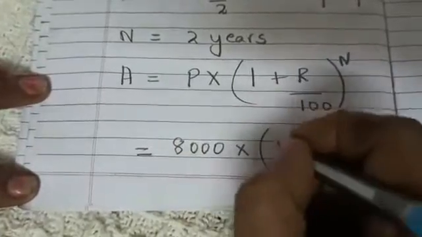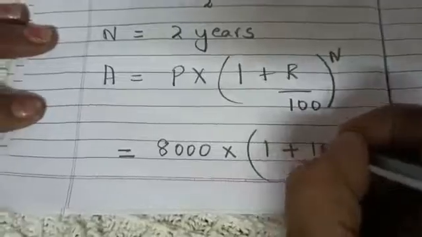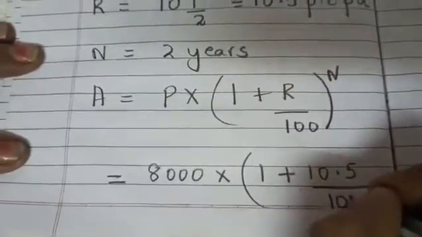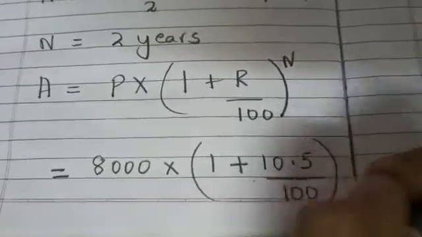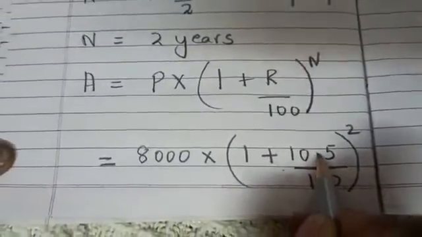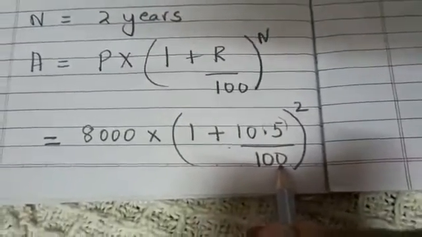into 1 plus R, which is 10.5 upon 100, the whole raised to the power of 2. Now remember boys, here it is 0.5. So we'll remove the point by putting a 0 in the denominator.